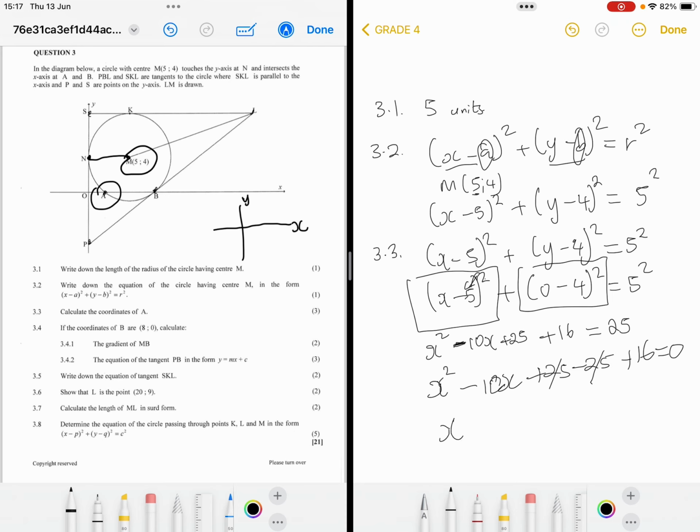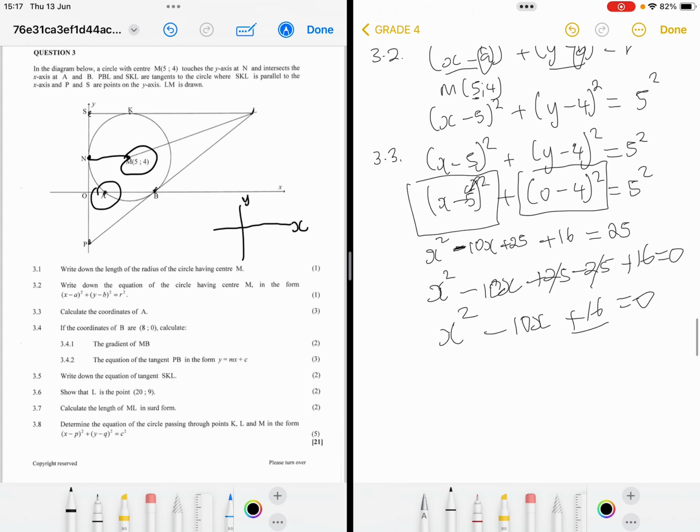Then we have x squared minus 10x plus 16. So now we're looking for the factors of 16 that will give us a middle term of 10, which is going to be 8 and 2. So we put x this side, and this side we say 8 and 2.